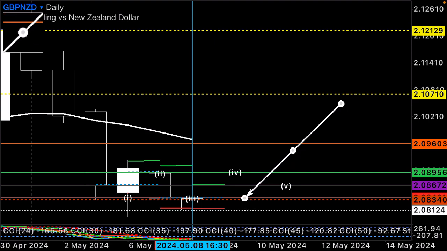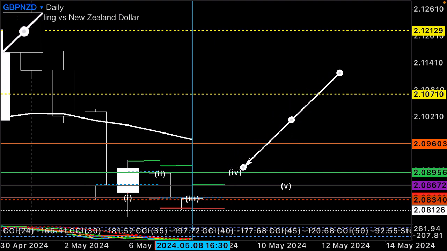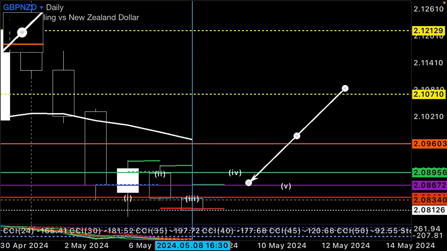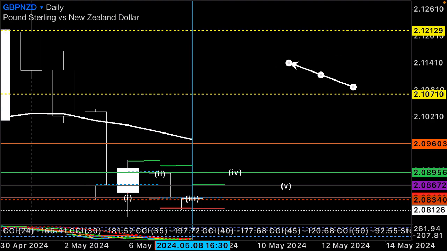So just put the orange dotted line here as another level, because all these levels, the purple line, the green line, the orange line, these yellow lines are all previous week open closes, previous month open and closes.